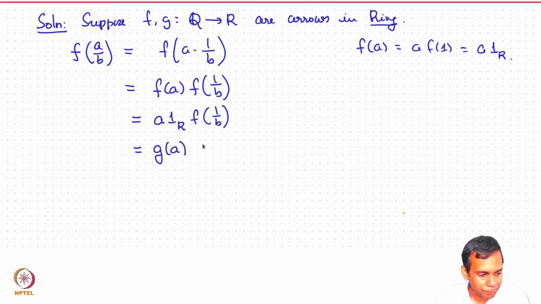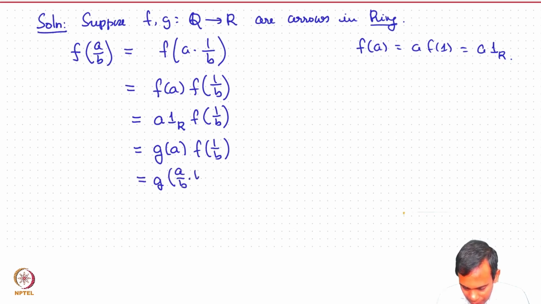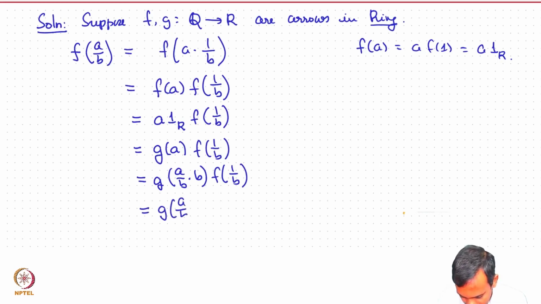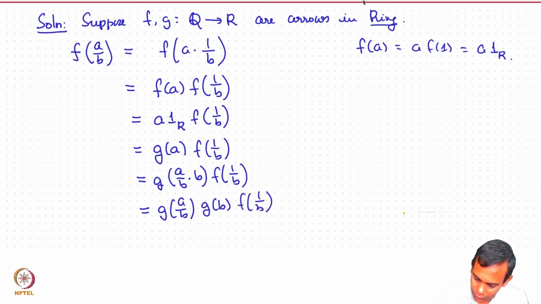And now F of 1 over B is equal to G of A over B times B, F of 1 over B. And now I can write this as G of A by B times G of B times F of 1 over B. Let's use a 2-column format here.